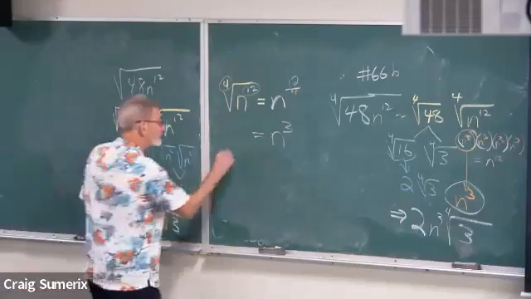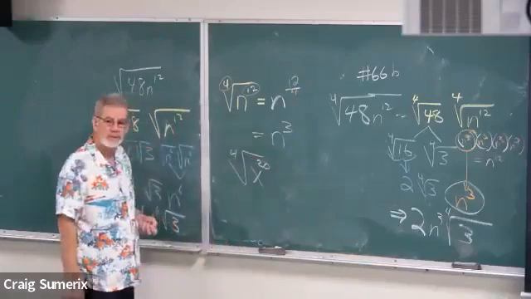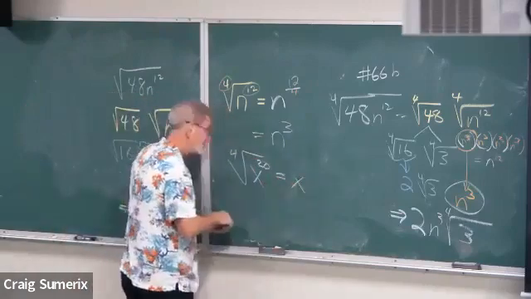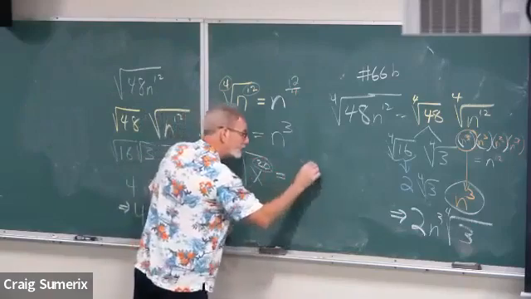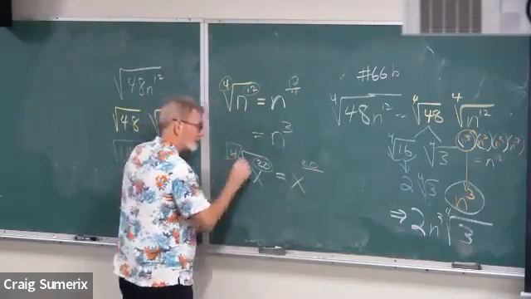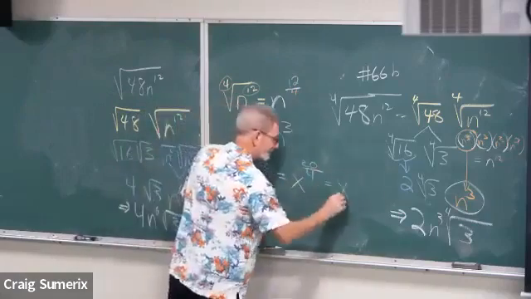So if it was the fourth root of x to the 20th, what would it be? 20 over 4.